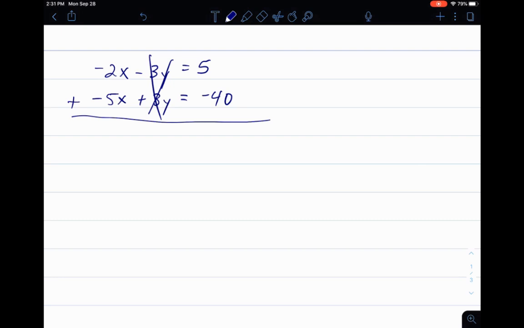Okay, so we're going to combine and get negative 7x equals 5 minus 40, negative 35. And we get x equals 5. So then we'll plug that in.